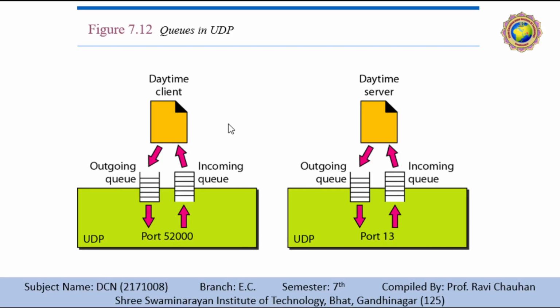At the client side, when a process starts, it requests a port number from the operating system. Some implementations create both incoming and outgoing queues associated with each process. Other implementations create only an incoming queue associated with each process.